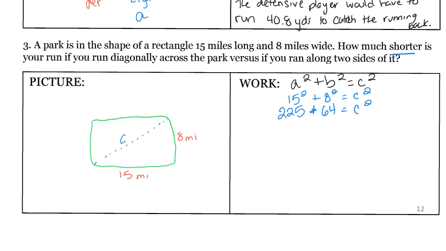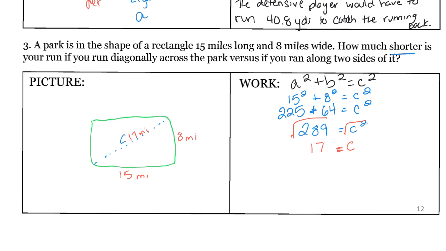So what's 225 plus 64? 225 plus 64 is 289 equals c squared. Let's take our square root. C is what? What is the square root of 289? That should be 17. So now we know the hypotenuse is 17 miles.